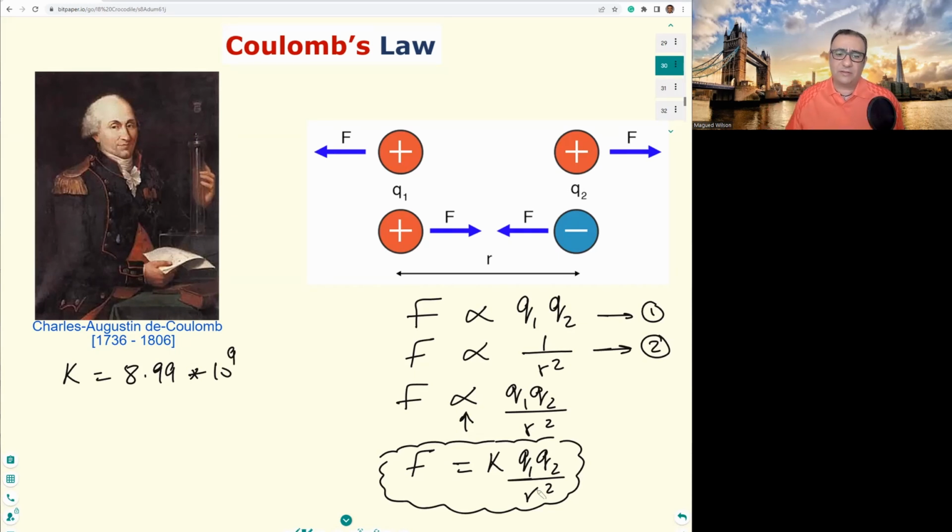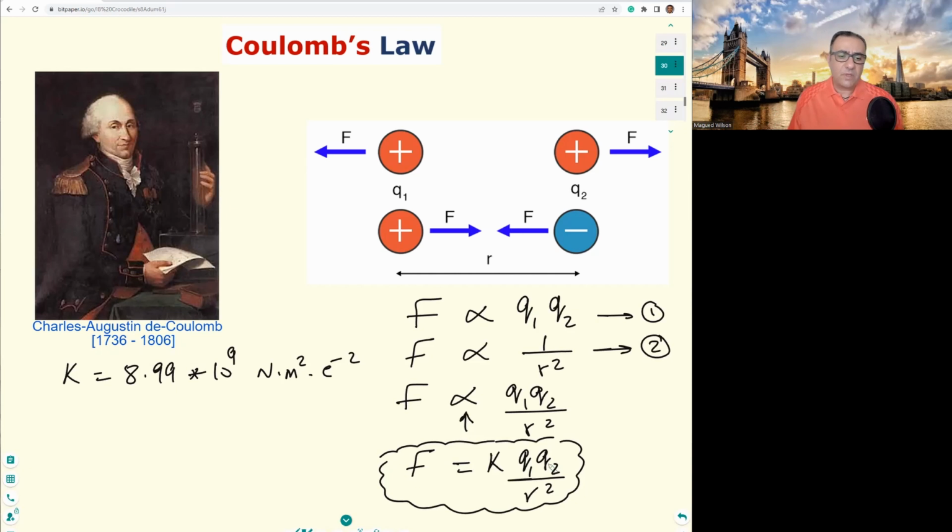You don't have to memorize it. And if you would like to determine the units of K, you look at the formula and rearrange. So K is going to be F times R squared over Q1 times Q2, right? So it's going to be newton meter squared coulomb to the minus 2.